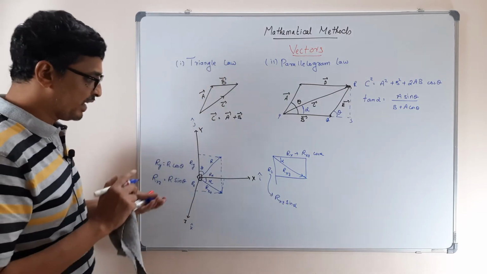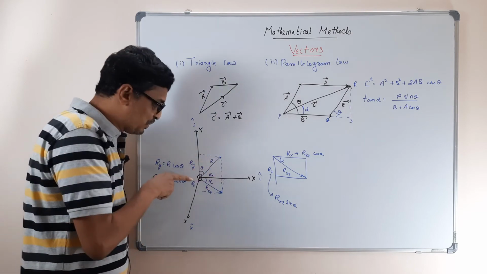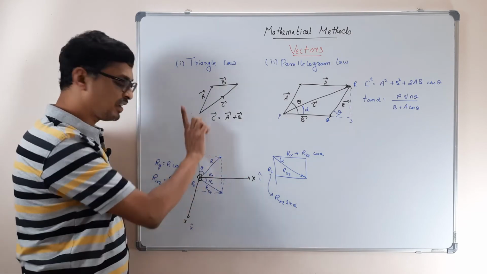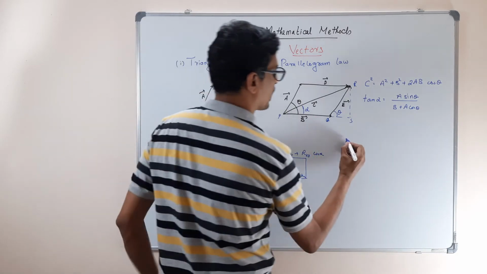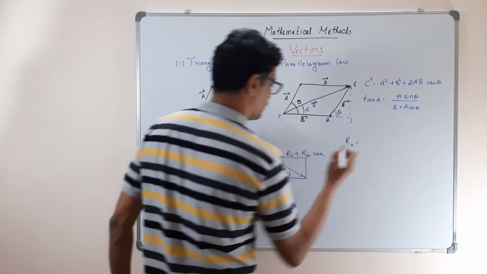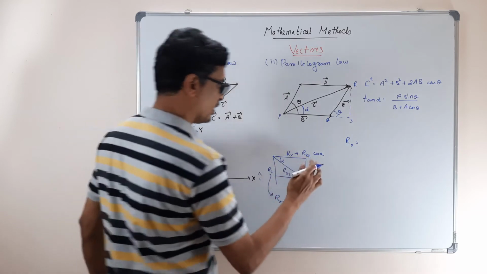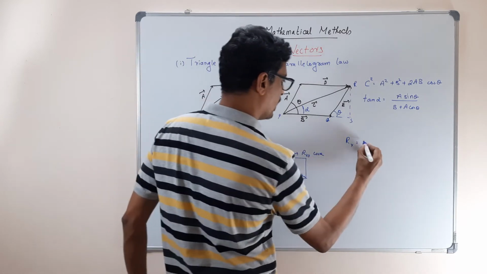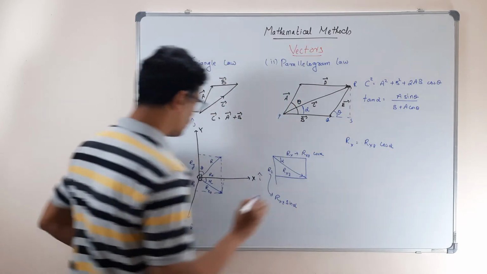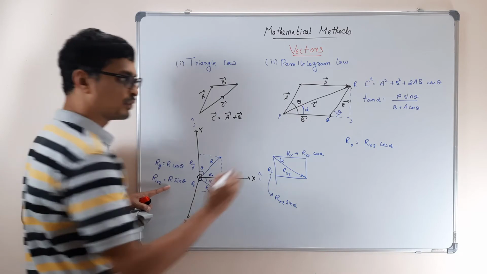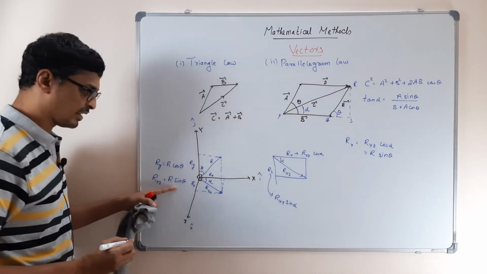So then what happened? Now you have resolved a vector R along the x component, y component and z component. So now let us write down the vector. Your Rx component is Rxz cos alpha, and now you know Rxz is R sin theta.